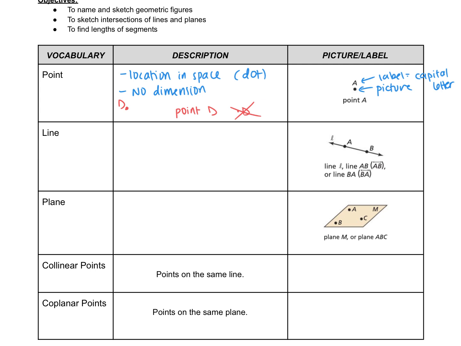Okay. If we take 2 points and connect them, we get a line. So a line continues forever in 2 directions.